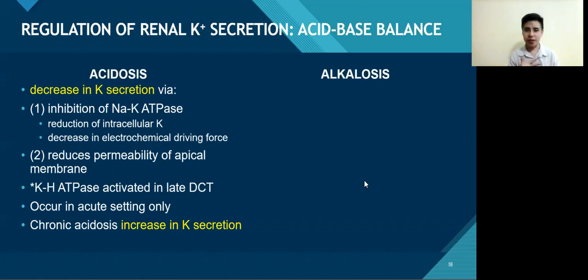Kasi acidotic ako eh. So, kailangan matanggal ko si hydrogen. So, I have to remove hydrogen in exchange for potassium. Remember type A intercalated cells. So because of that, potassium is reabsorbed or less secreted. That's why potassium accumulates. That's why acidosis, hyperkalemia.